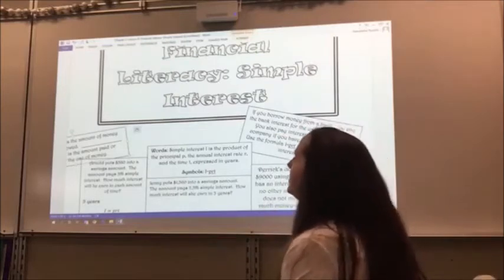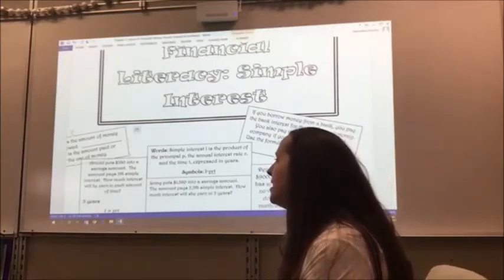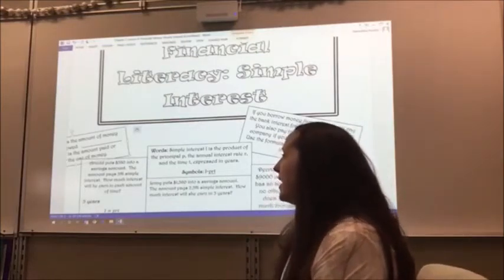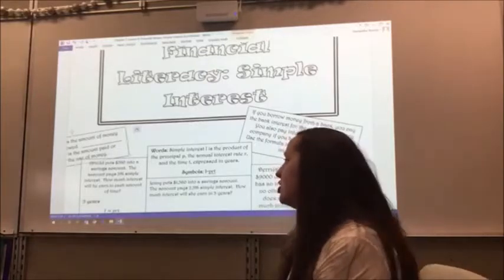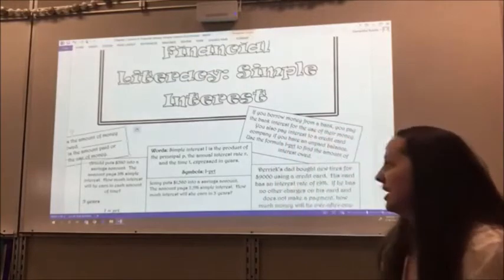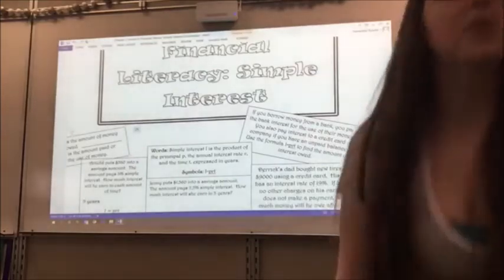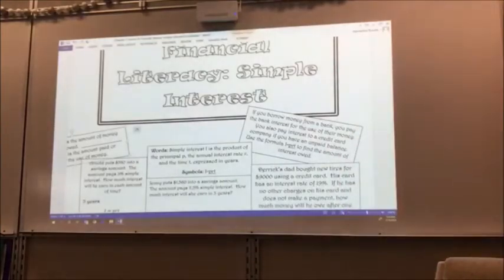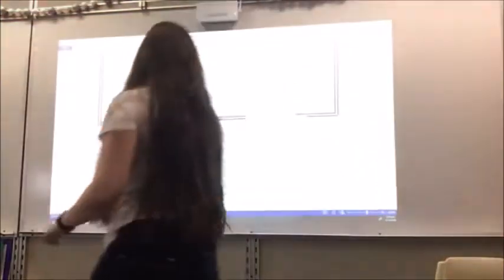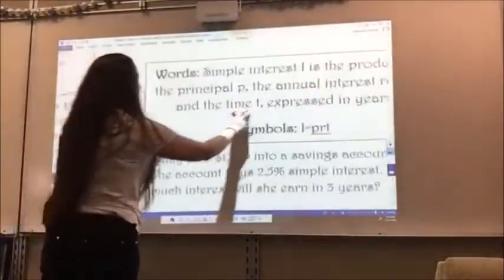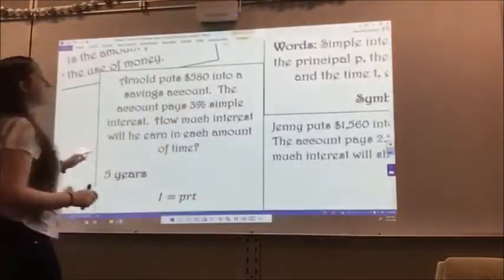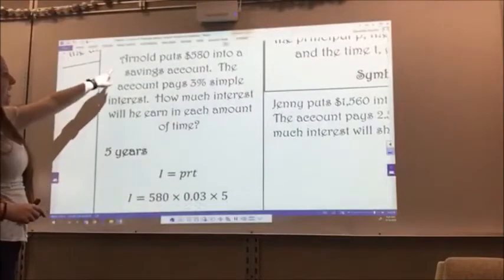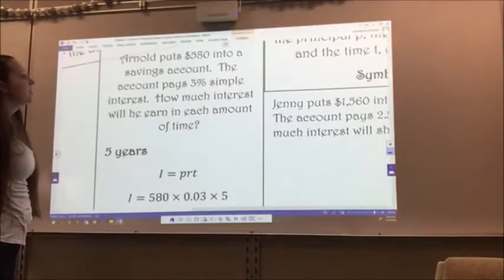The first example says Arnold puts $580 into a savings account. The account pays 3% simple interest. How much interest will he earn in each amount of time? So the first one they want is 5 years. Okay, so down here, $580, that's the principal amount. 3% is the simple interest.